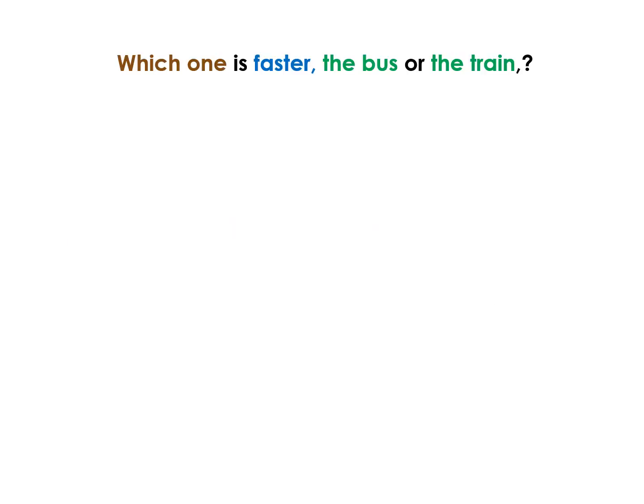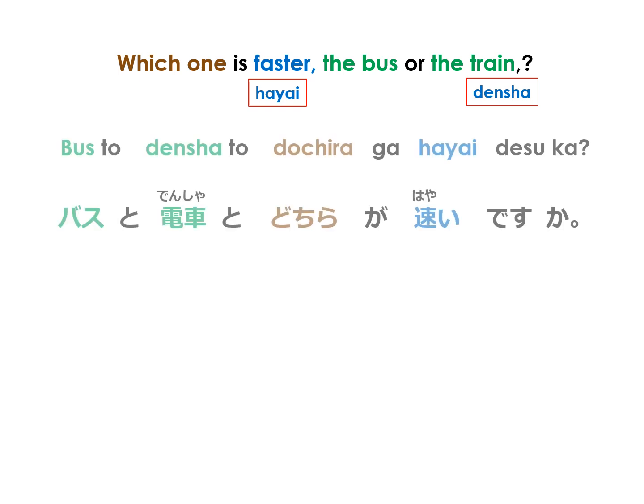The sentence, which one is faster, the bus or the train? Bus in Japanese is basu. Train is densha. And the adjective fast is hayai. In Japanese, the sentence translates to バスと電車とどちらが早いですか? We use the subject particle ga because we want a specific answer.